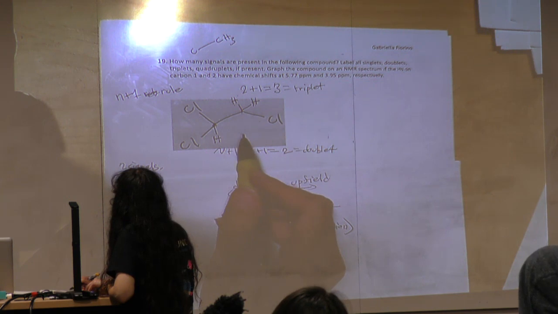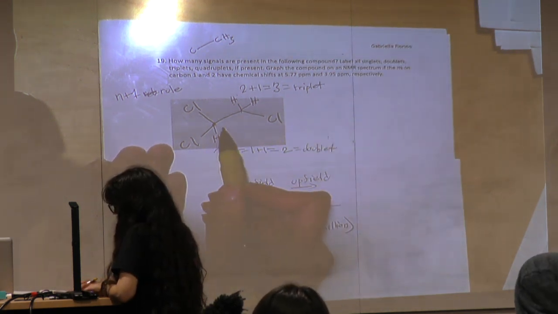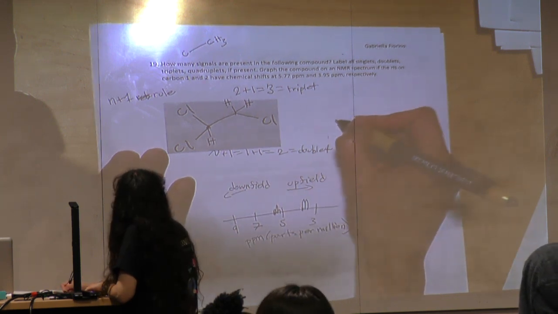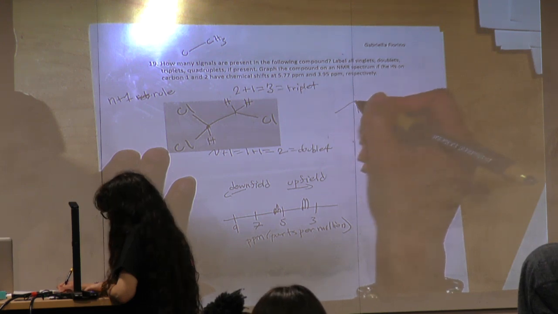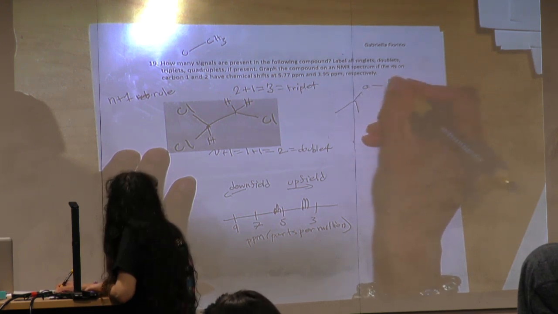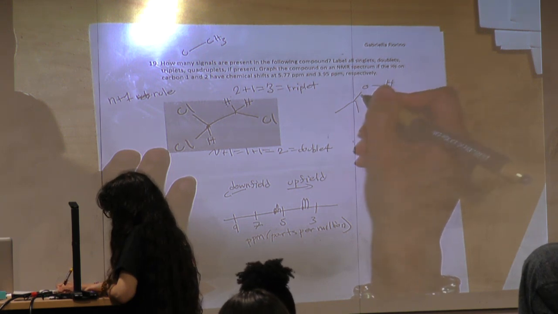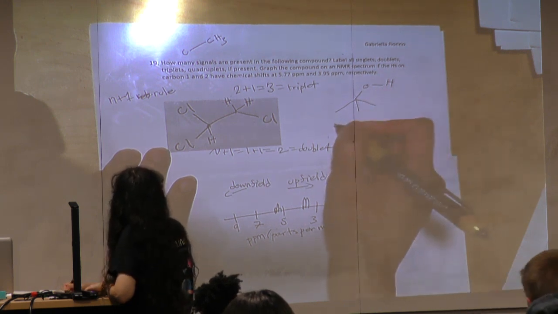How would you ever get a singlet? Oh, that's a good question. So we would get a singlet. Yeah, that's actually the example I was going to give. Perfect. So if you have something like this, an alcohol, let me just put a methyl there.